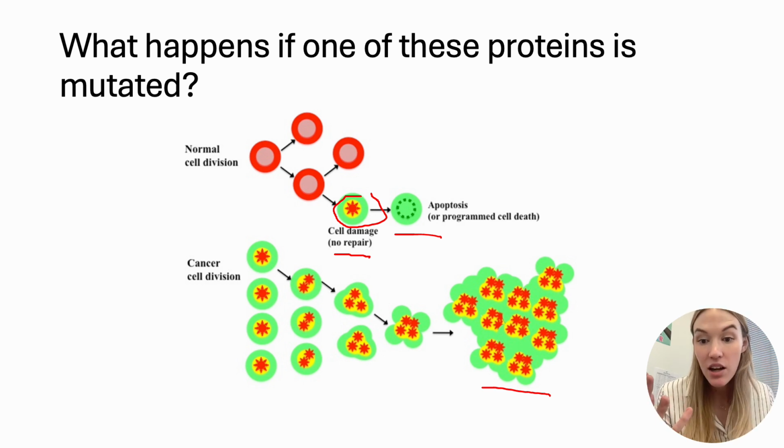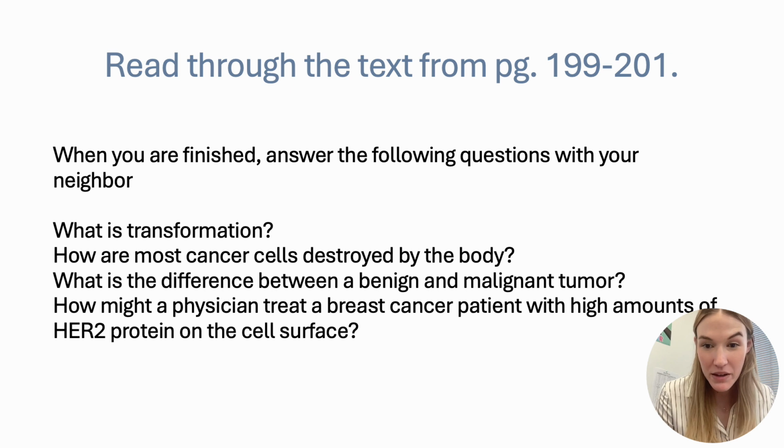So hopefully you now understand how the cell cycle is regulated and how that can lead to either apoptosis or cancer. I want you to spend some time making sure that you can answer these questions in front of you. I'll briefly go over them in a second, but I'd really like you to pause and make sure you understand it first. Transformation is this idea of cells that are essentially unable to die.